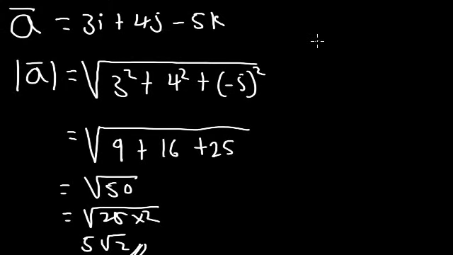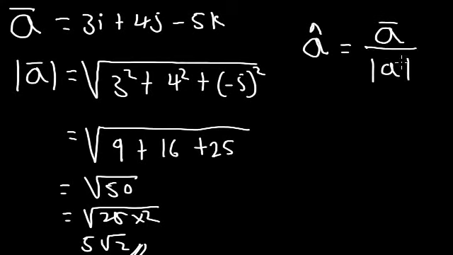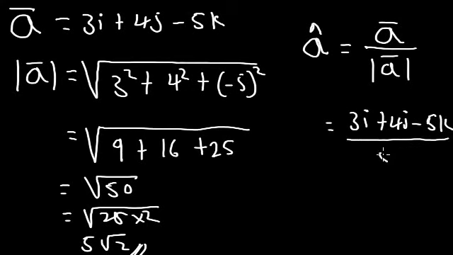So to determine the unit vector of A, which will usually be represented like this, that equals vector A divided by its magnitude. So therefore, the unit vector of this vector will end up being this. Vector A is 3i plus 4j and minus 5k, and I'm dividing that by its magnitude. Its magnitude turns out to be 5 root 2.